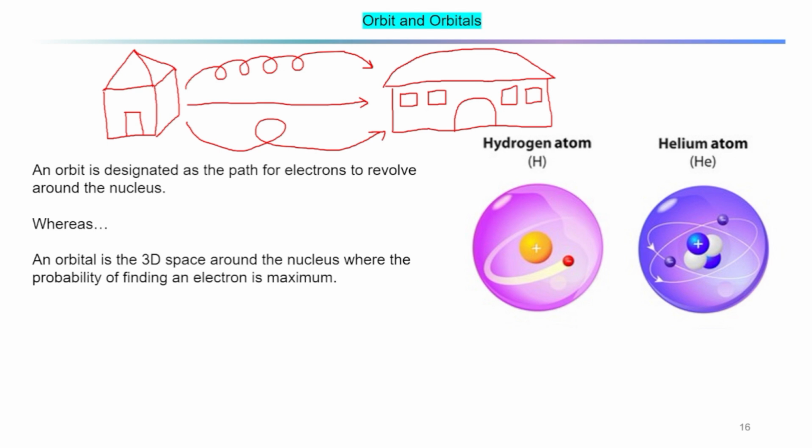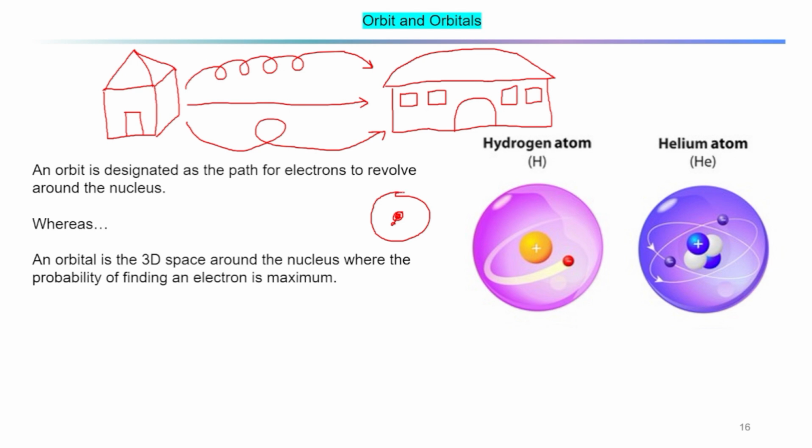Now let's try to understand the definition of orbit and orbitals. An orbit is designated as the path for electrons to revolve around the nucleus. This is actually a two-dimensional conception, that the electron is rotating around the nucleus. Here this yellow one is the nucleus and the electrons are rotating around it. If I draw, this is the proton or the nucleus, and in this path the electrons are circulating.